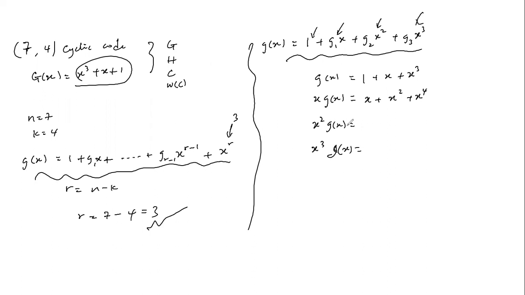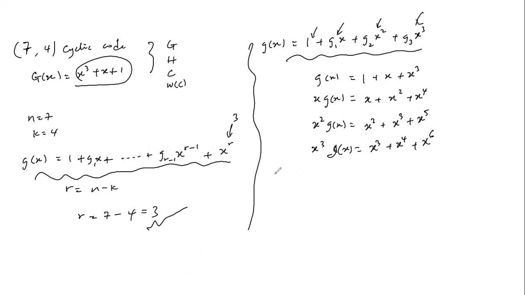So x squared g of x will be x squared times this, so that's x squared plus x cubed plus x to the power 5. And x cubed times 1 is x cubed plus x to the power 4 plus x to the power 6.